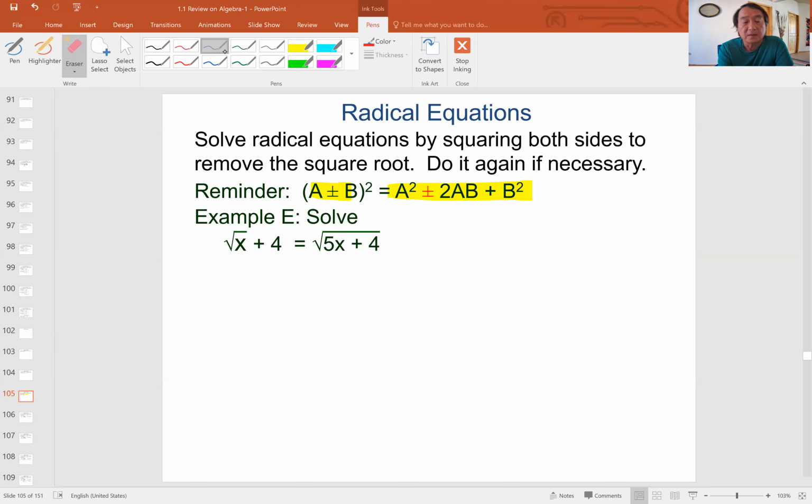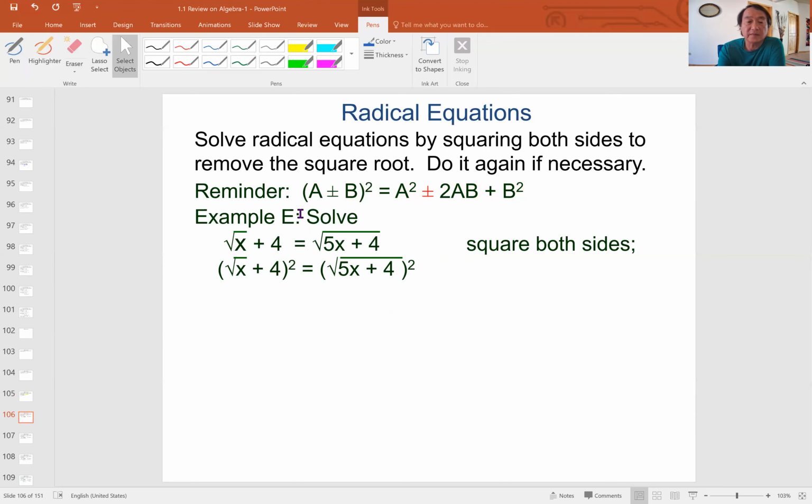What is legal is to square this entire thing. If the left-hand side and right-hand side are the same, then I can square the entire left-hand side, and that's going to be equal to the square of the entire right-hand side. Then this involves squaring two terms, for which I'm going to use this formula.